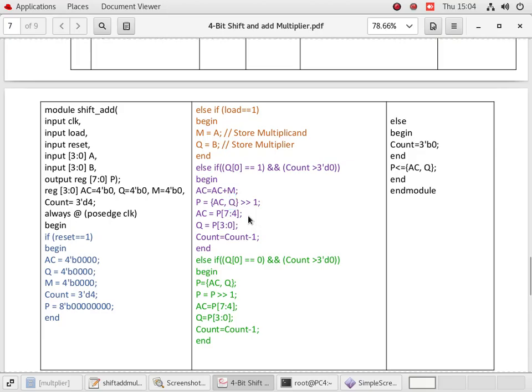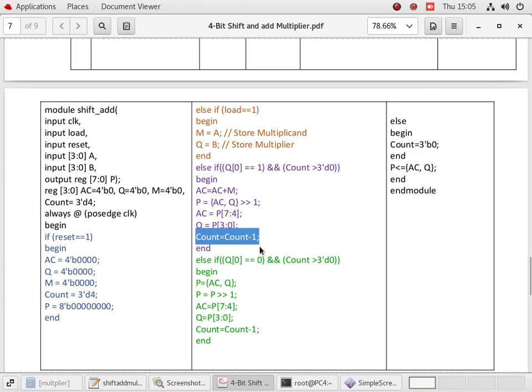Then the higher 4 bits of P are taken as accumulator and the lower 4 bits are taken as Q, and after this one step, the count value is decremented.